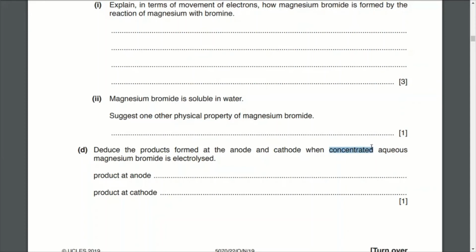This is concentrated aqueous magnesium bromide and not dilute. When we talk about concentrated, at the anode the anion, that is bromide, is going to be discharged, so here we are going to write bromine. And at the cathode, we are going to get hydrogen because of the reactivity series.